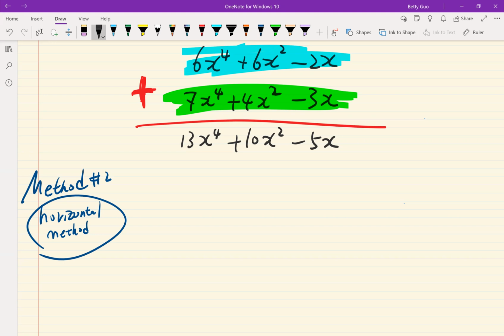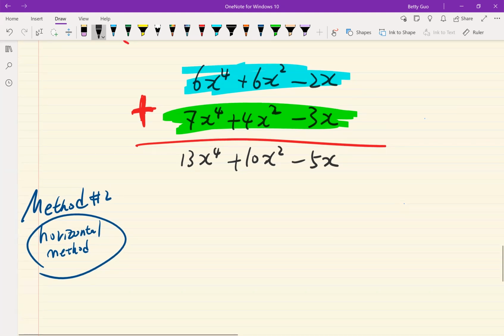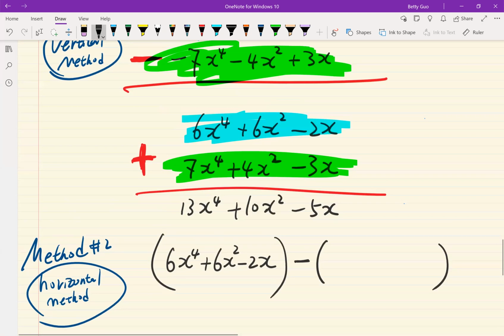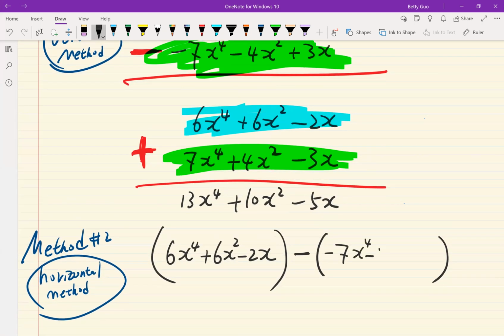Okay, let's see, how do we take the difference of two polynomials horizontally? We're going to copy the blue. That's the blue polynomial. And minus the green. What's the green? Green is negative 7, negative 4, positive 3x.